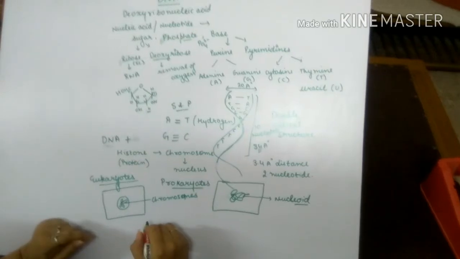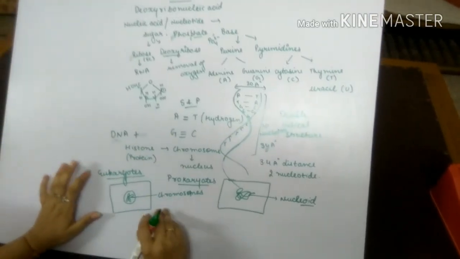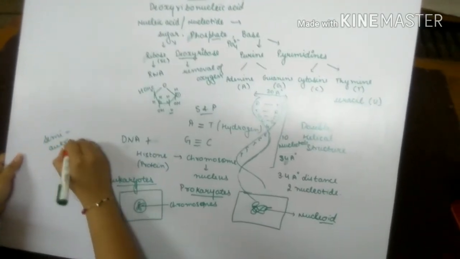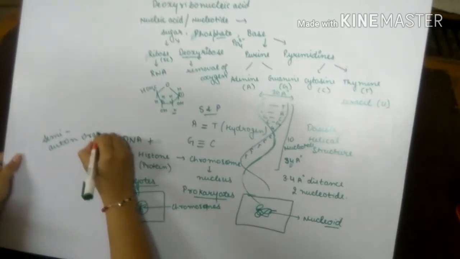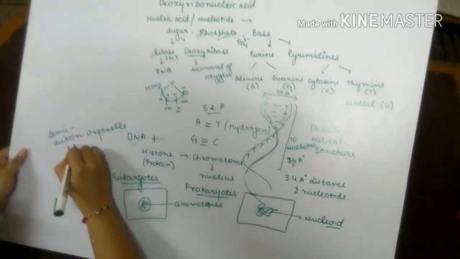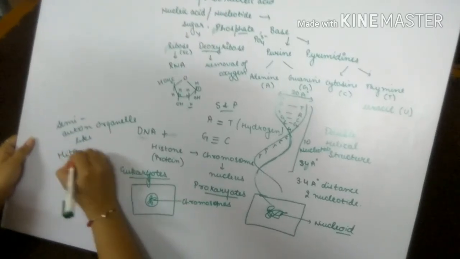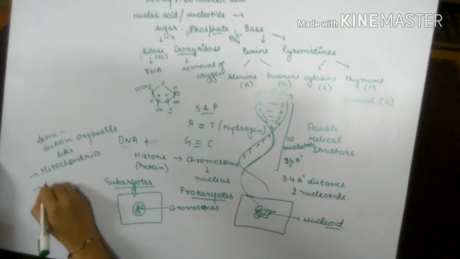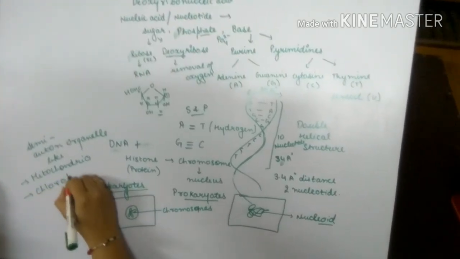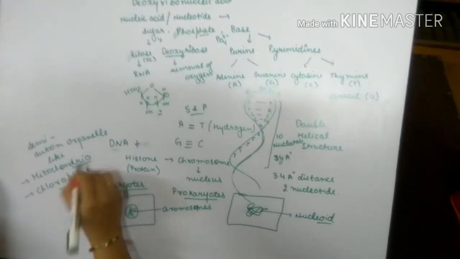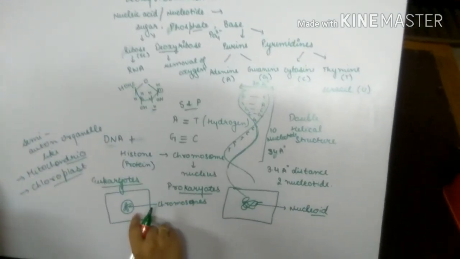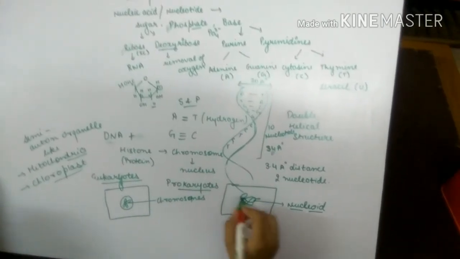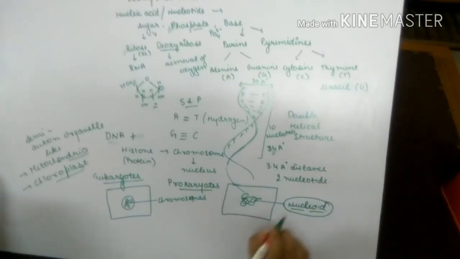But in the eukaryotes, DNA is also present in the semi-autonomous organelles like mitochondria, and in the plant cell, it is chloroplast also, which consists of the nucleoid, not the nucleus in which chromosome is present. It is present in a thread-like structure in the cytoplasm in the form of the nucleoid.